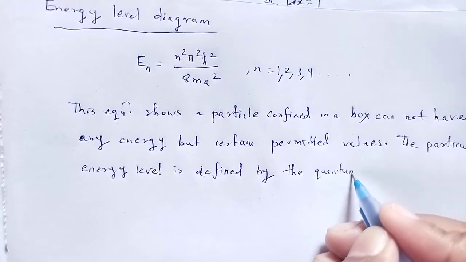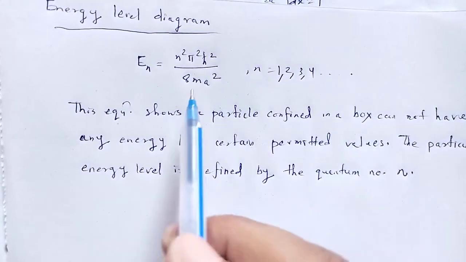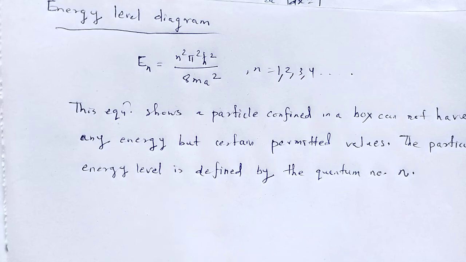N stands for a particular energy level: 1, 2, 3 like this.